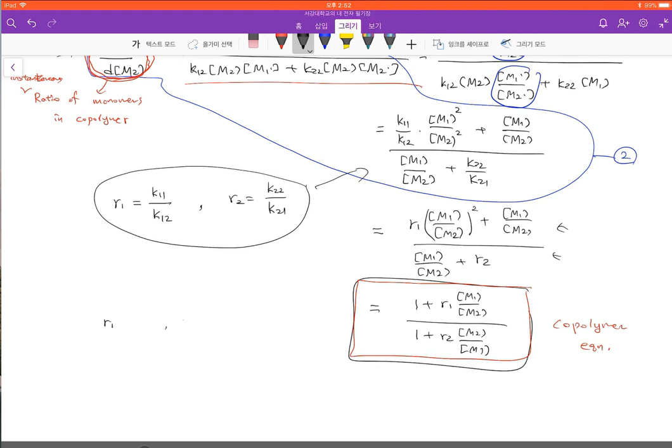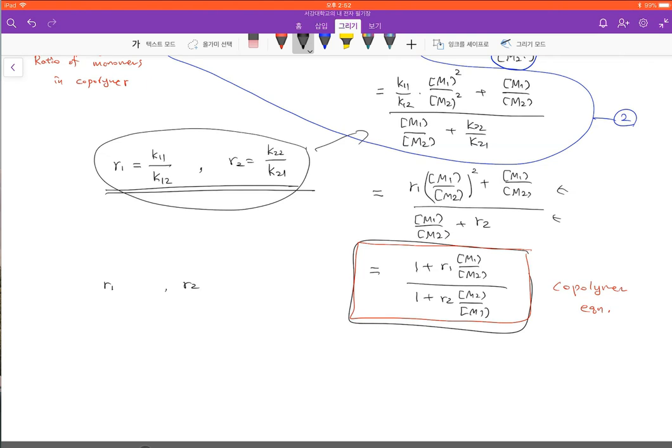Okay, so let's try to understand what would happen for the structure of copolymers depending on R1 and R2. R1 and R2 are defined as this.